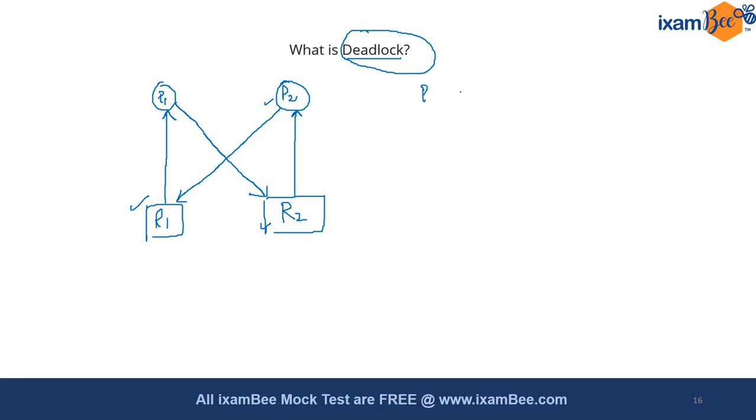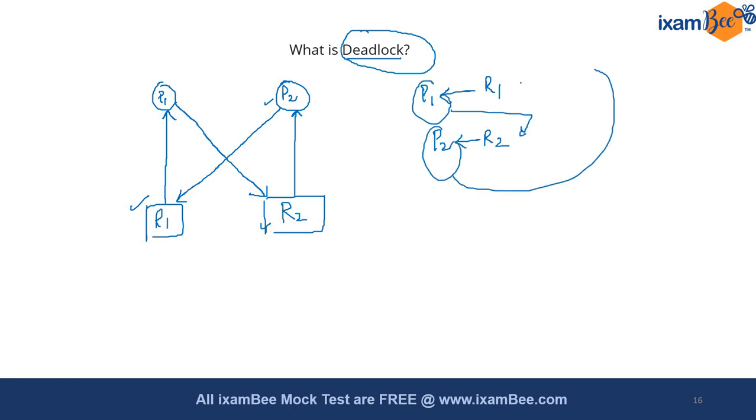What is happening here, P1 is getting a hold on R1, P2 is getting a hold on R2, but P1 is requesting to get R2 and P2 is requesting to get R1, but these resources are not free. So what will happen in this particular situation when P1 is holding R1 and requesting for R2 and P2 is holding R2 and requesting for R1?